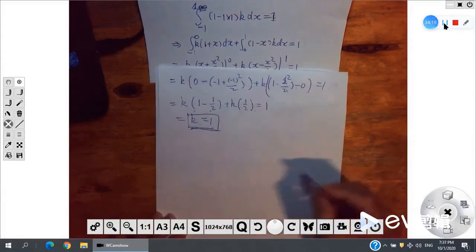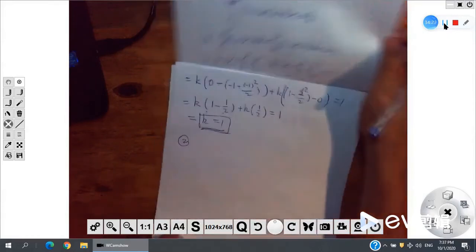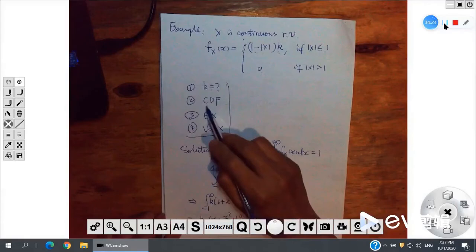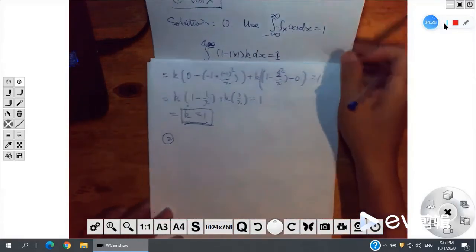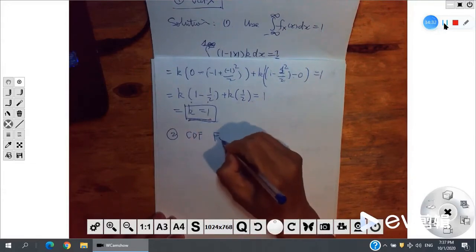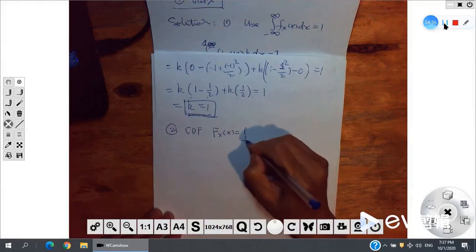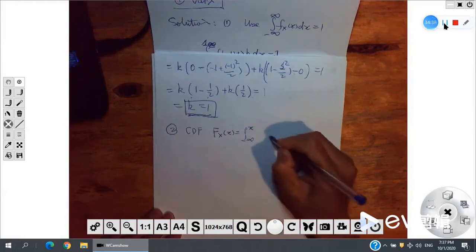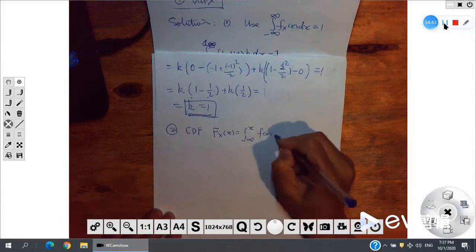Alright, then we consider the second one. Second problem, we want the CDF. We know the CDF, capital FX of x, is the integral from -infinity to x of fX dx.